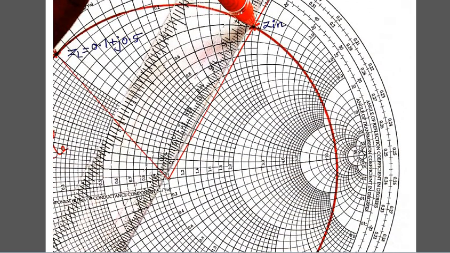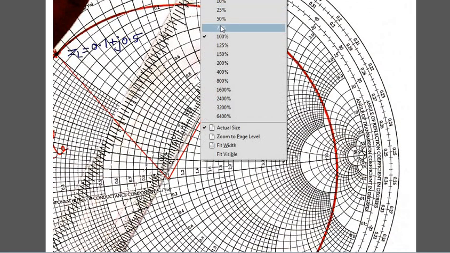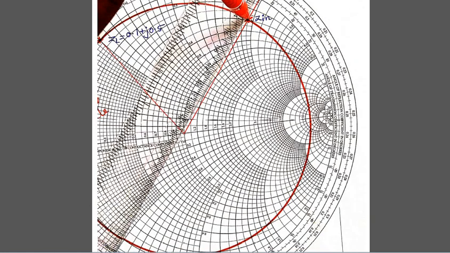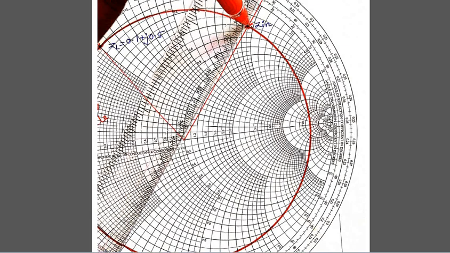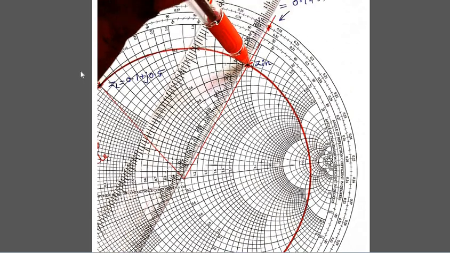So this was the scale, you can see. You join the ZL point, wavelength and angle of reflection coefficient you found. Now with that wavelength you add the transmission line length, and you reach the Z in wavelength. That Z in wavelength extended to the origin, you are going to get Z in.